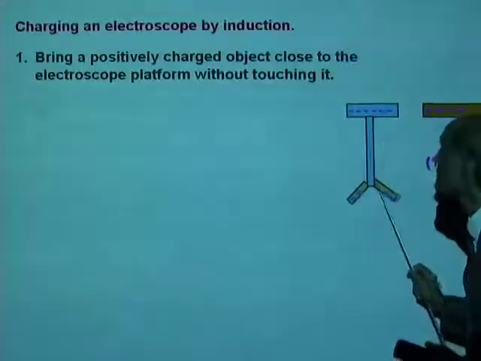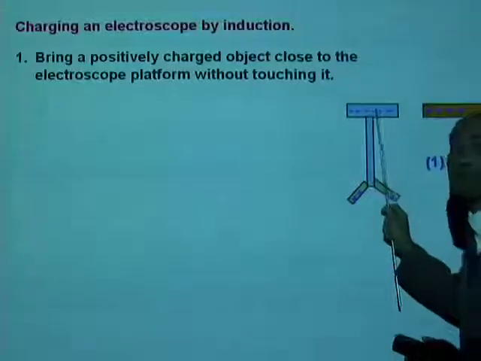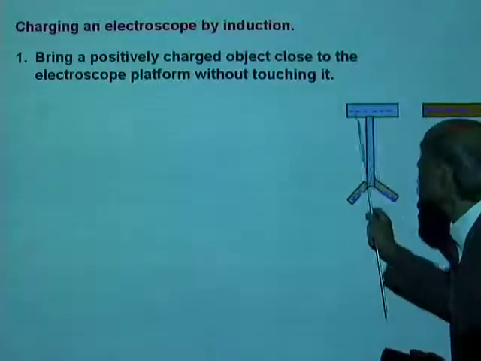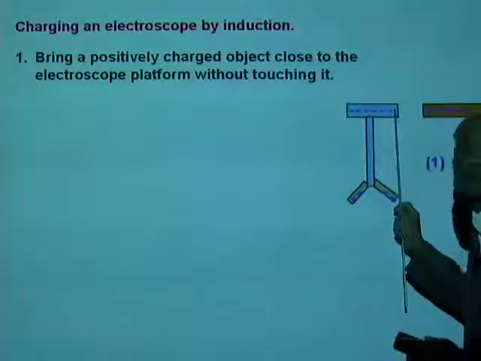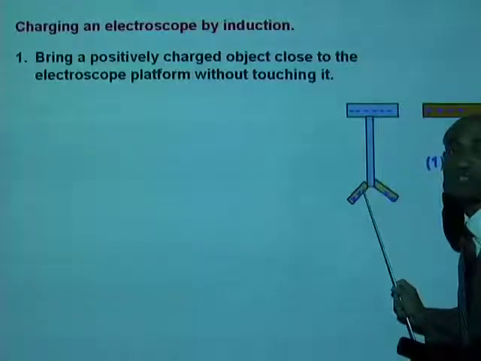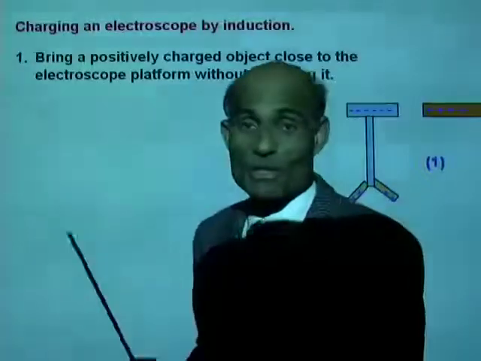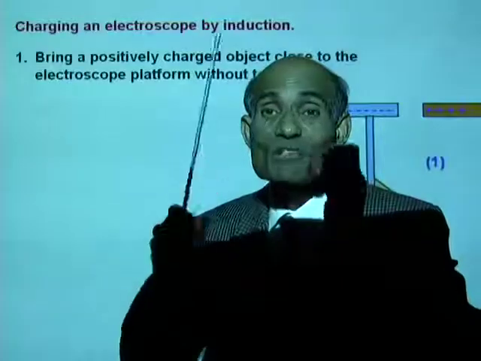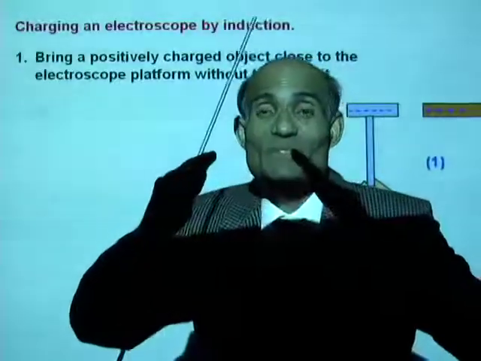Look at this, the leaves, the stem and the platform are all conducting. So all the free electrons will be drawn to the top of the electroscope, leaving the leaves positively charged. That means the moment you bring a charged object near the electroscope, you will see a divergence.